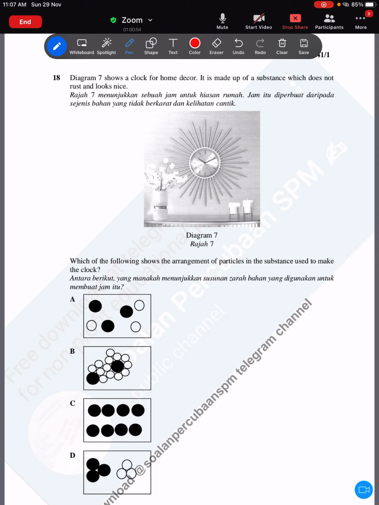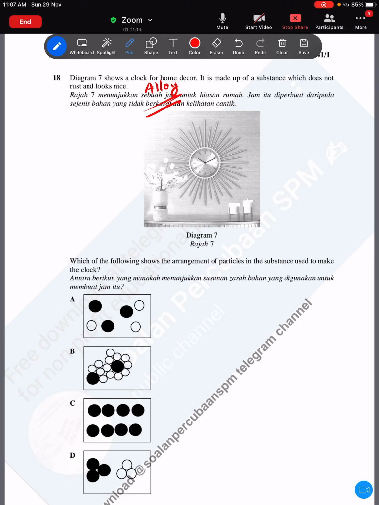It is made up of a substance which does not rust and looks nice. Of course, because it is an alloy. That's why it doesn't rust and looks nice, a better appearance, we call it. So which of the following shows the arrangement of the particles? Easy.